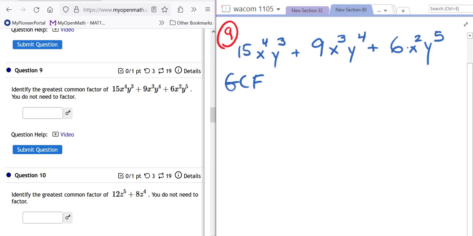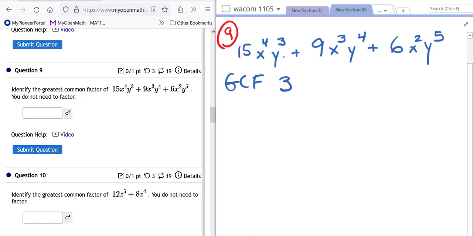So just do numbers first. Try your smallest. Does it divide into the other 2? It does not. It doesn't divide into either one. So you have to go smaller than 6. Something that goes into all of these. I think 3 is going to be your candidate. You're not going to be able to use a 2 because these are odd. But 3 does go into 15 and it does go into 9. So we have a 3 that's common.